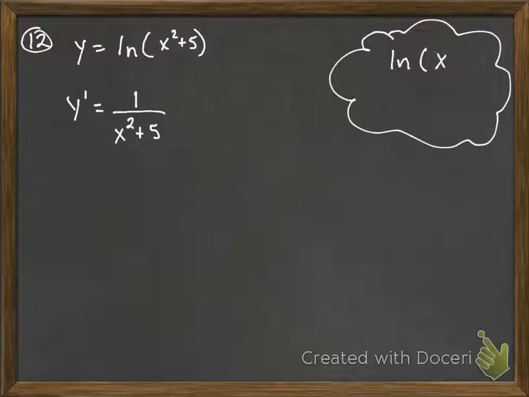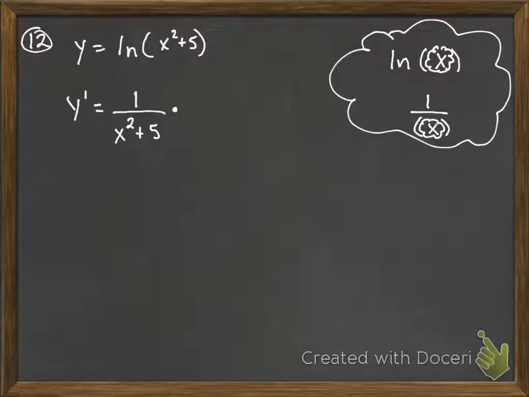Ln of x, the derivative for that is 1 over that x. Okay? So in our case, there's more than just an x in there. So we got to put all that stuff in the bottom. I had a teacher in college, he called it the blob of stuff. Right? He'd say 1 over the blob. Whatever works. I don't know.